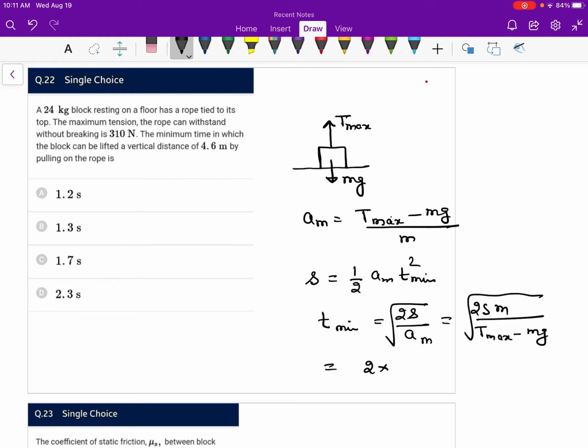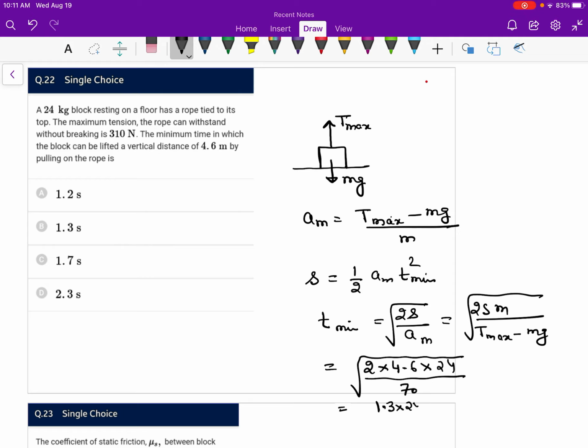So distance S is 4.6 meter, mass is 24, and T max minus mg is 310 minus 240, which is 70. So 2S is 9.2, and 9.2 upon 7 is approximately 1.3.